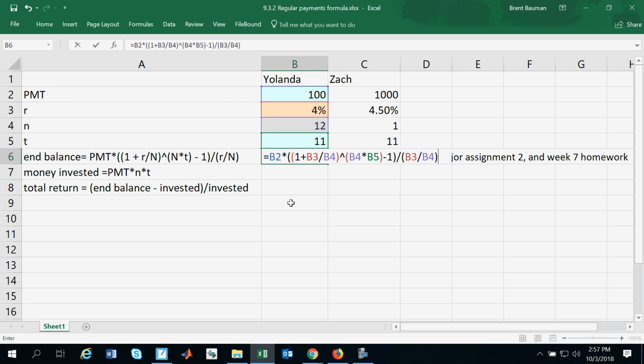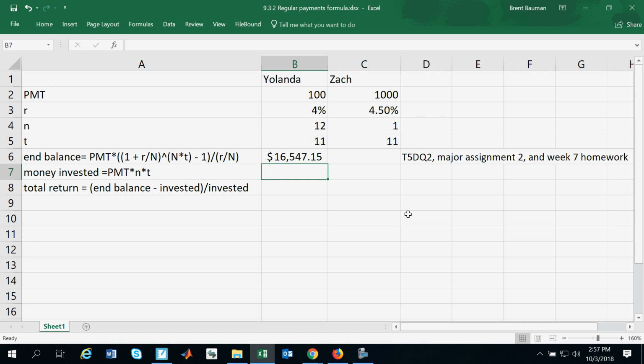I'll let you look at that for a second and just make sure that you have all your parentheses set up correctly as you go through. Okay, and we'll hit enter.